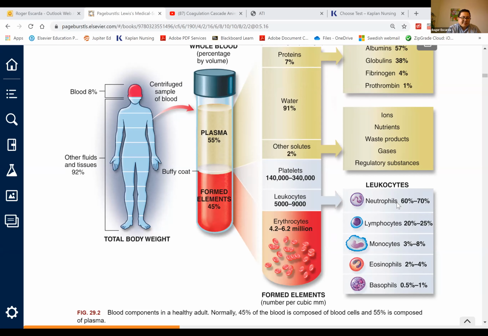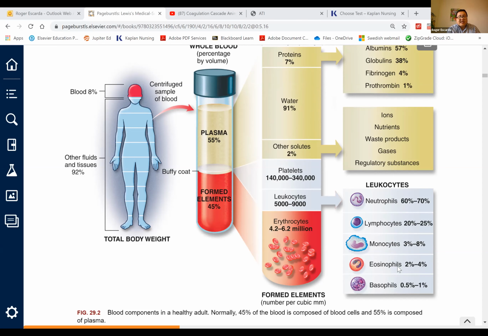So if the neutrophils are elevated, then that means it's bacterial. So the patient has a bacterial infection. If it's mostly lymphocytes or monocytes, you're dealing more with viral infection. Eosinophils and basophils, these are more on inflammatory conditions.